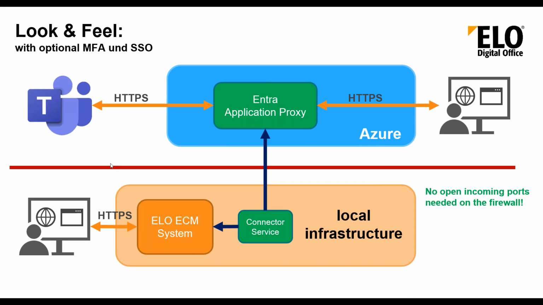And all client users, either from Java client, web client, or desktop client, now it includes also the mobile apps for Android and iOS, first connect to the Entra application proxy, and the local connector service creates a tunnel for this application from the inside to the outside. So you don't have to open any ingoing ports on the firewall, which is very nice for administrators and gives the customer a good feeling.